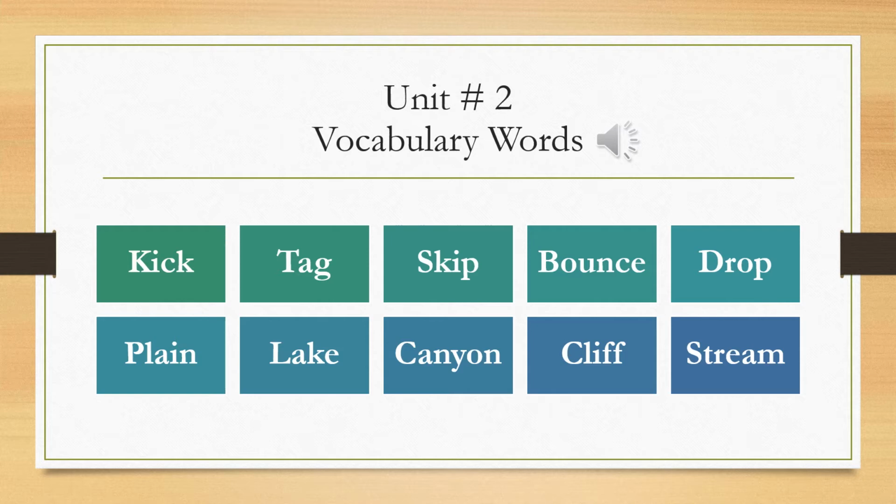Next is plane. Plain is basically a large piece of land, and if you look at the picture you would see clearly it shows a large piece of land. Next is lake. Lake is basically a big area of water with land all around it, and you can see in the picture a big area of water with land all around the water.